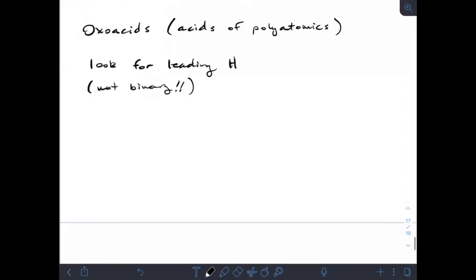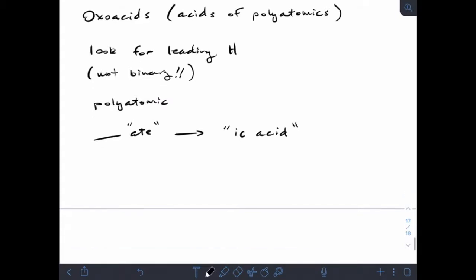Now, the trick with oxo acids is if your polyatomic ends in an ATE, when you make an acid out of it, ATE becomes ic acid. So you say the name of the polyatomic, and if it's an ATE, it becomes ic acid. So if I have, for example, sulfate, that's got the ATE version, SO4 2-.